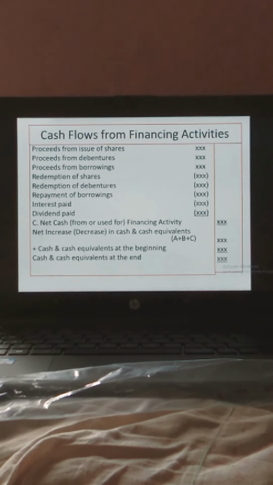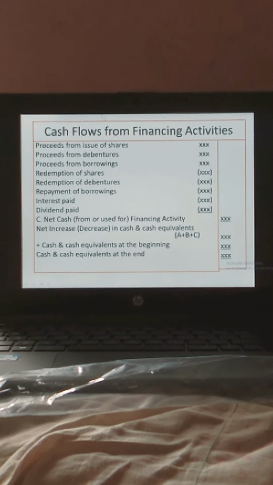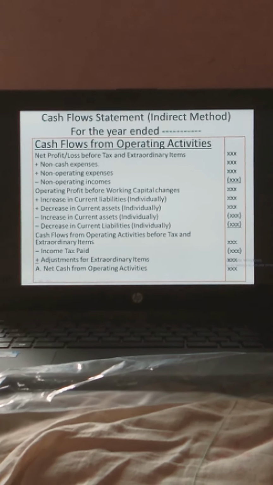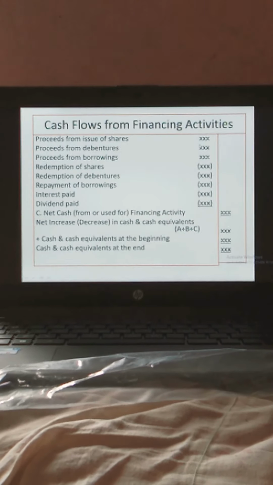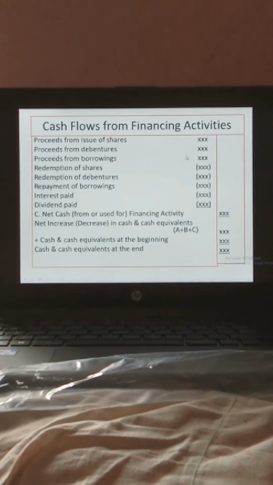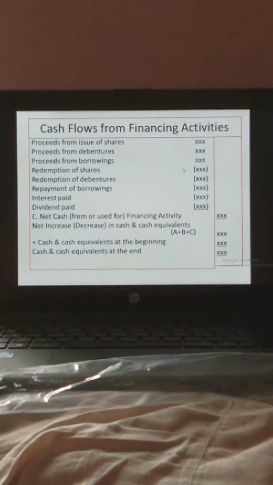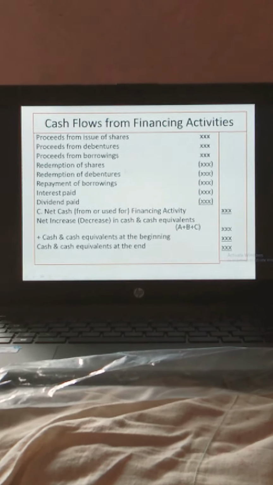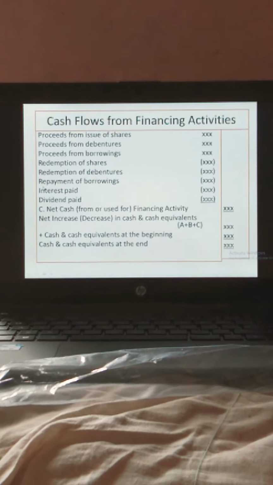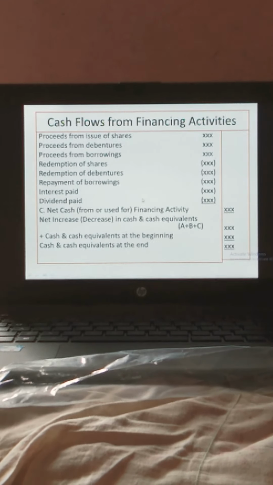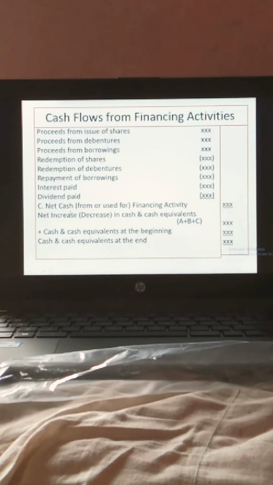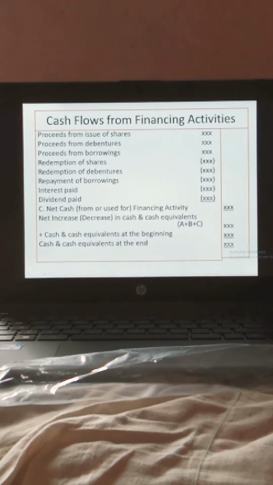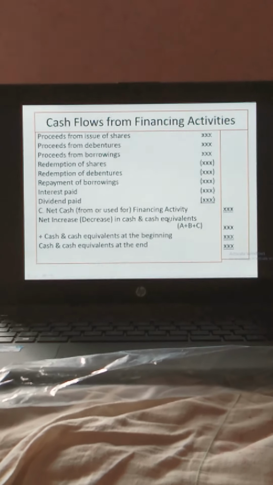So it includes the proceeds from the issue of shares, proceeds from the issue of debentures, proceeds from borrowings, and from that we have to deduct redemption of debentures, repayment of borrowings, interest paid and dividend paid, so that we get net cash from financing activity or net cash used for financing activity.